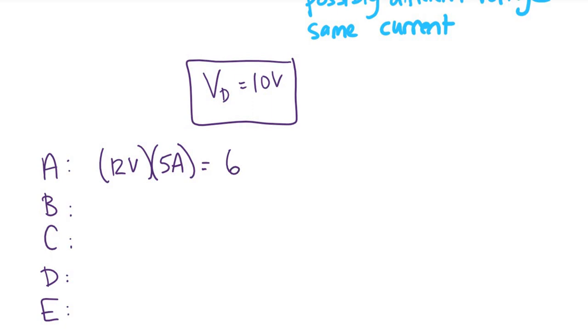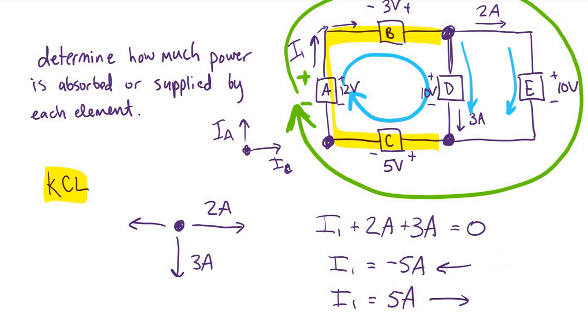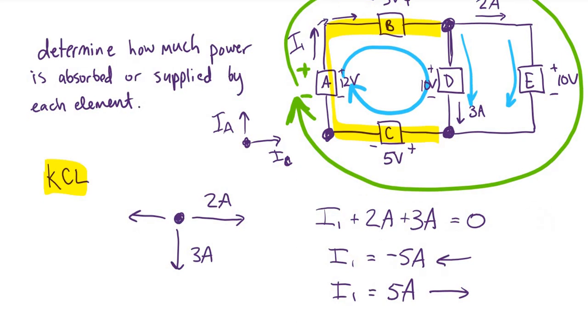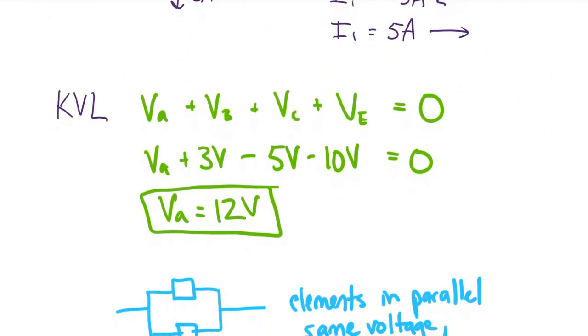And we get 60 watts. And let's see, we said that element is supplying power. We found that out when we were doing our KVL up here, and we assumed it was a supply, and then we got a positive number.